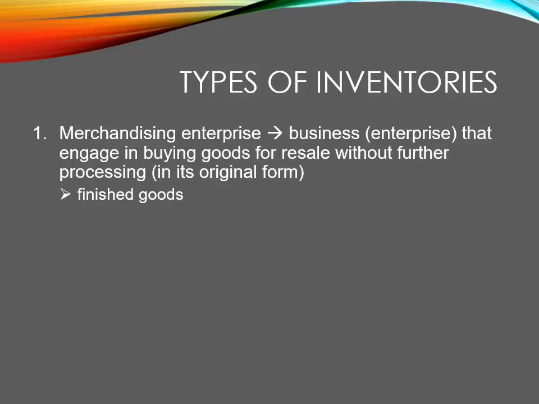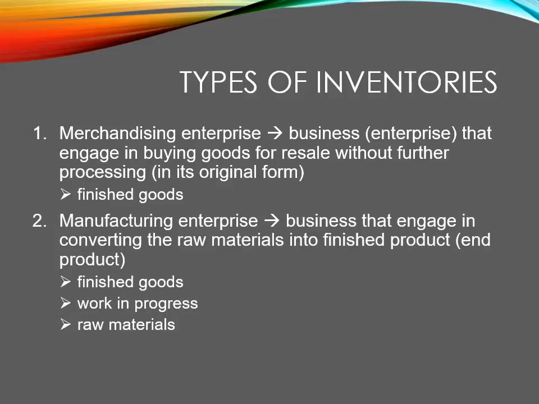The types of inventories: for a merchandising enterprise, where the business is engaged in buying goods for resale without any further processing, it will sell off the items in their original form. So it is called inventories of finished goods.